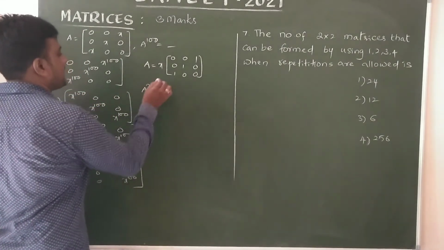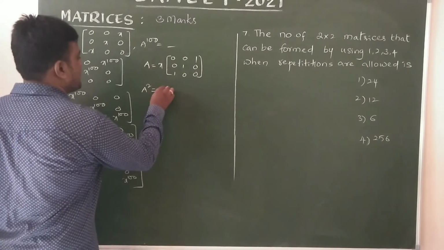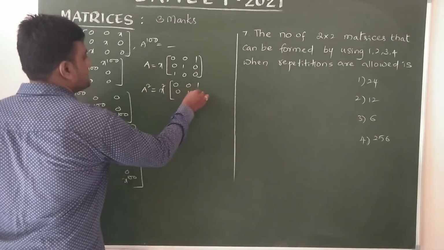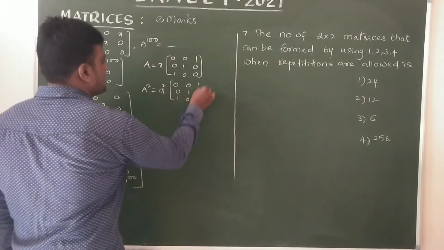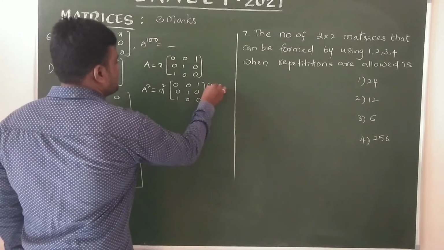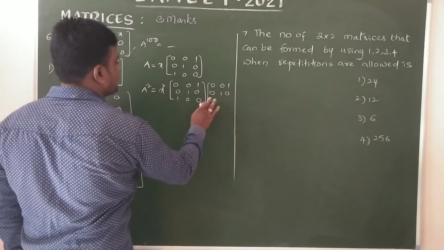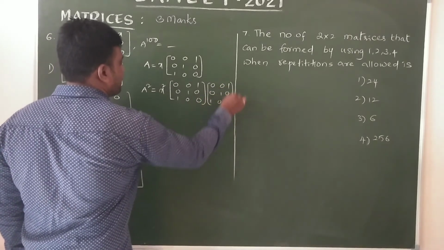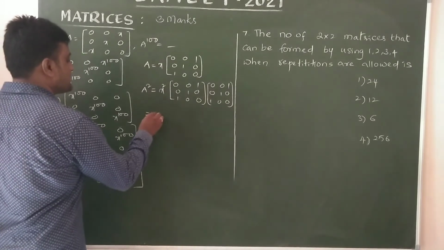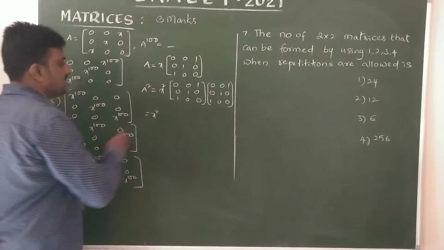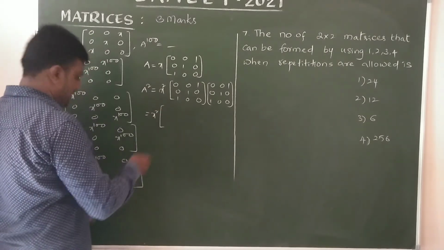A into A, that is x into x, x square, times the matrix 0 0 1, 0 1 0, 1 0 0 into 0 0 1, 0 1 0, 1 0 0. X square is a scalar, that's why x into x, x square. Now leave that.